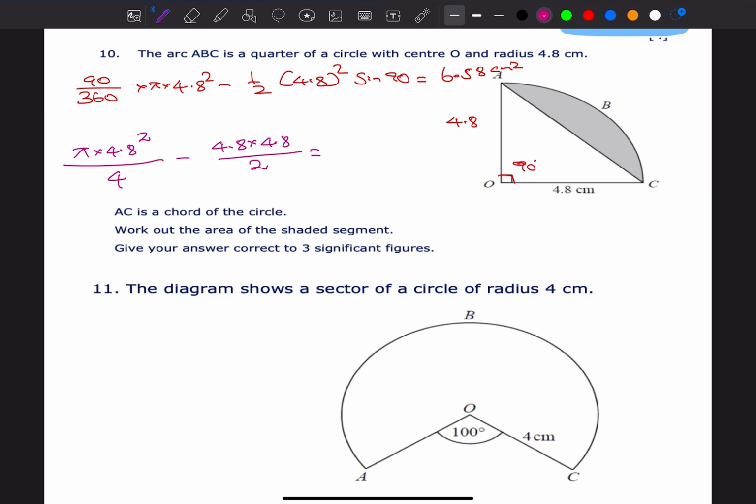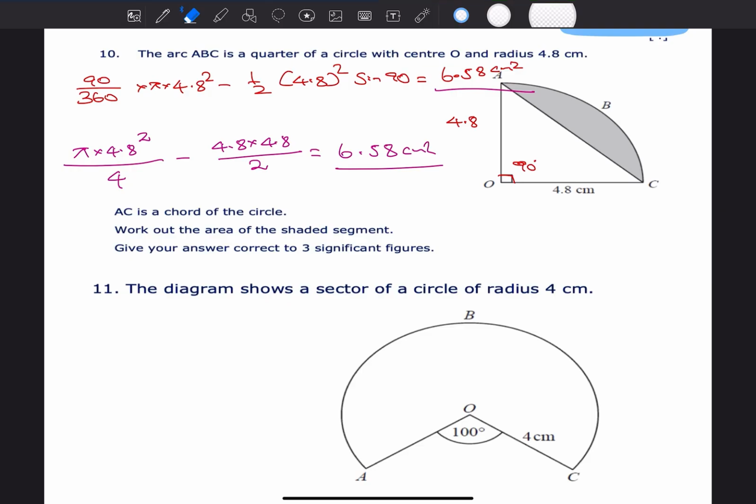You could do it like that as well if you want. 6.58. Both will give you the same answer. You could do the approach in both methods if you want.